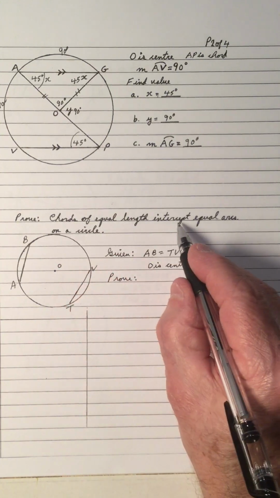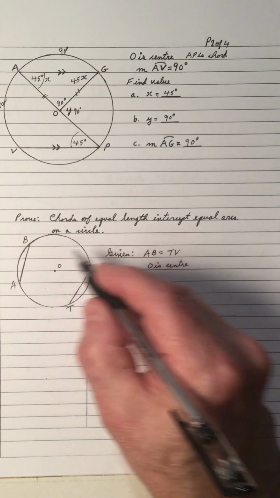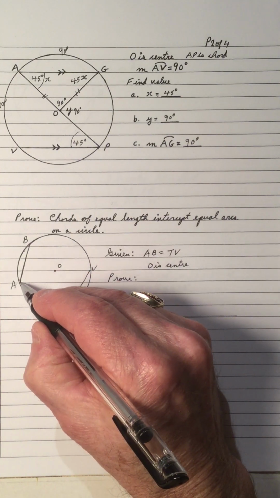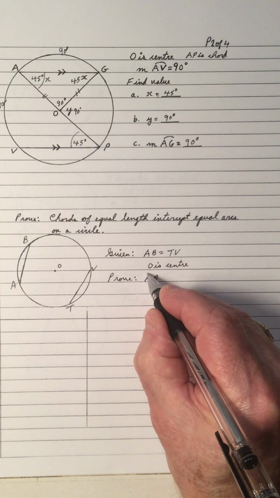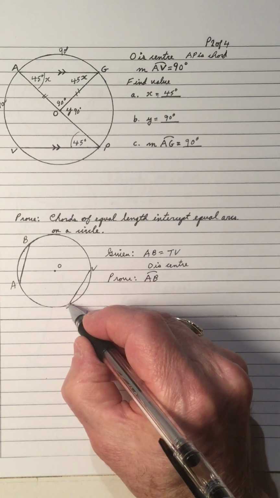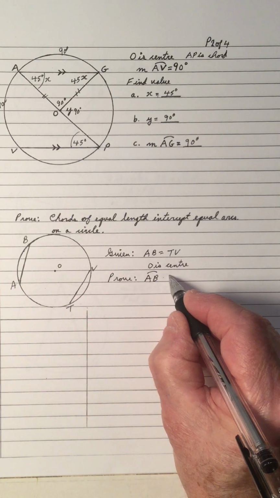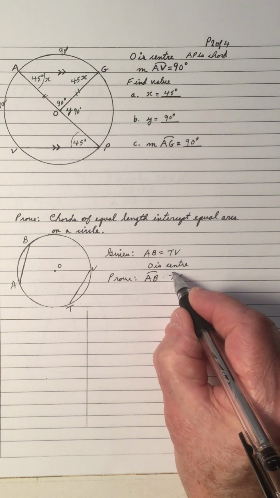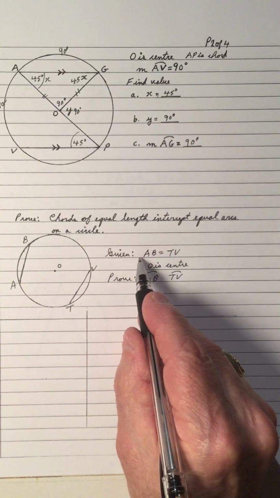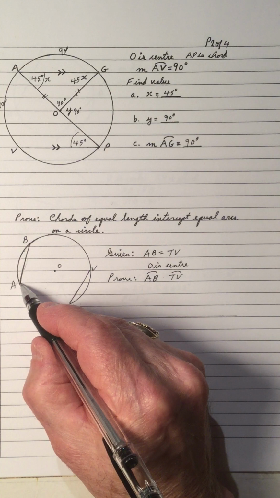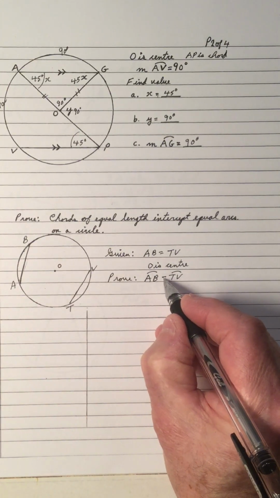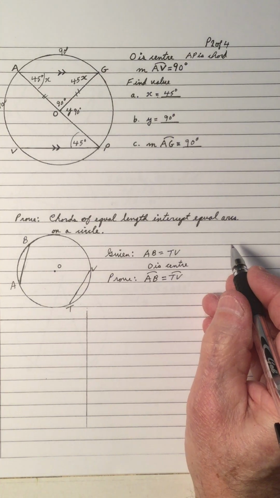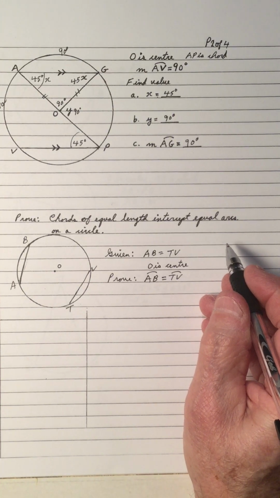Chords of equal length intercept equal arcs. So this chord right here is cutting off the arc AB, and this chord VT is cutting off the arc TV. So we got to prove, because these chord segments are equal in length, that the arcs have the same measure. The arcs have the same number of degrees.